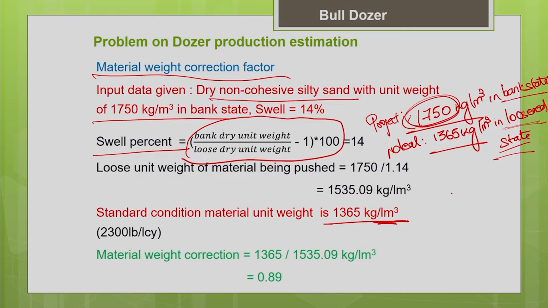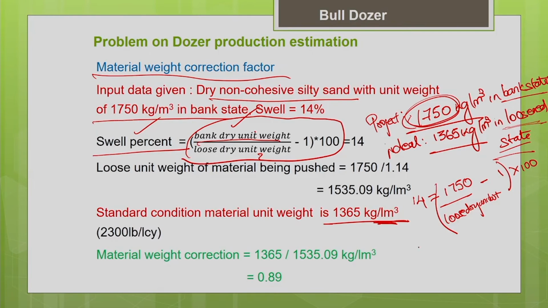Now let us convert the bank dry unit weight into loose dry unit weight. So you know bank dry unit weight and you know the swell percent. What is unknown is loose dry unit weight. Swell percent is 14 equal to bank dry unit weight, 1750 kg per meter cube, divided by loose dry unit weight, minus 1, into 100. So you can move this to left hand side.